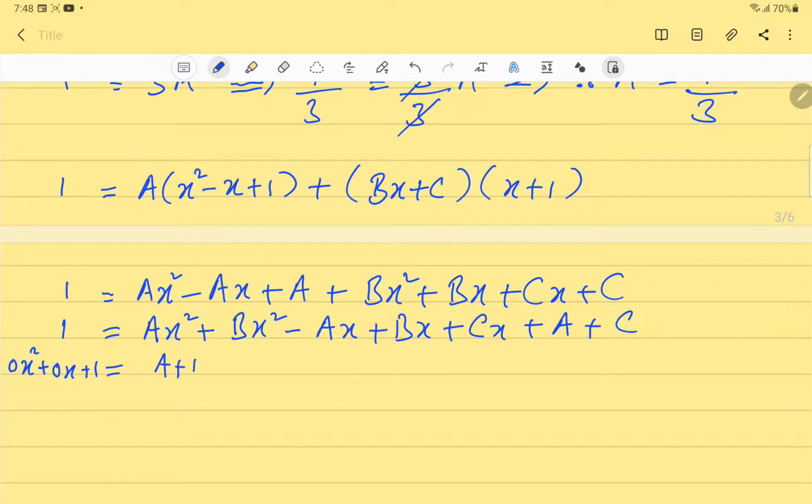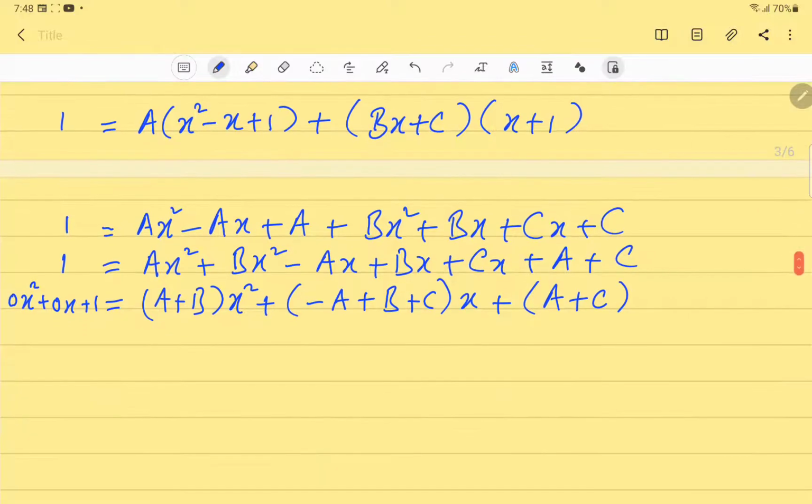So A plus B, x square is common, then minus A plus B plus C, x is common, and in the last one without x it is A plus C.